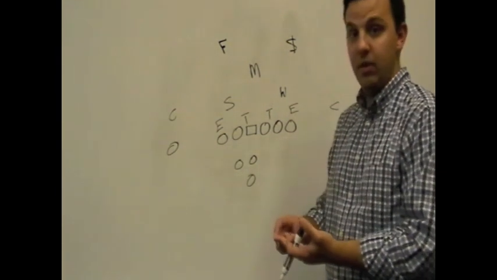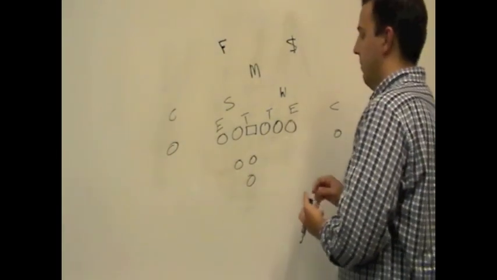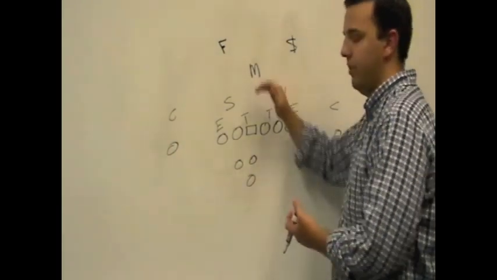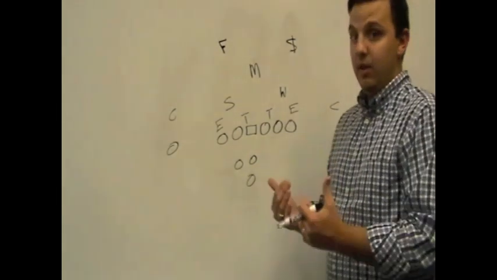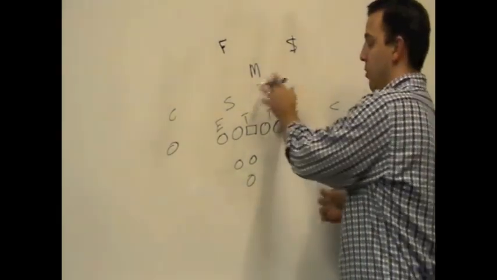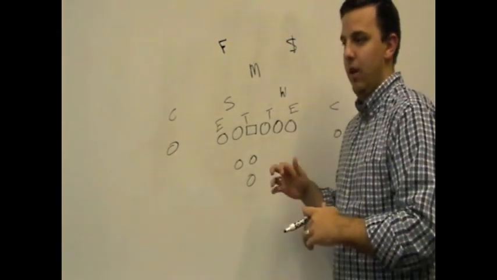Then they also beat the Washington Redskins early in the season. They use this technique, and we'll talk a little bit about why I think they use it and why it's important.